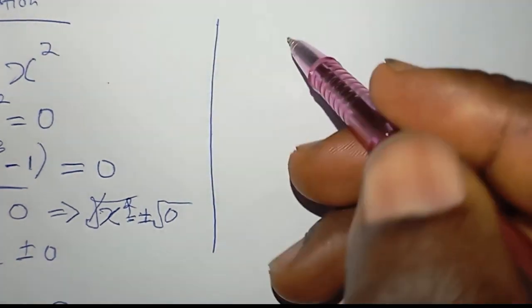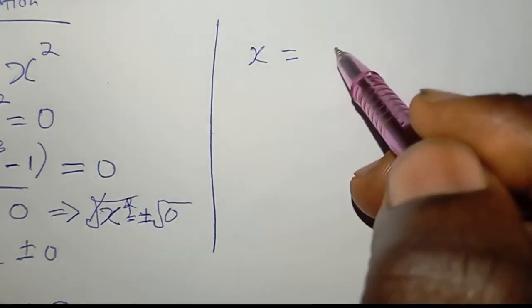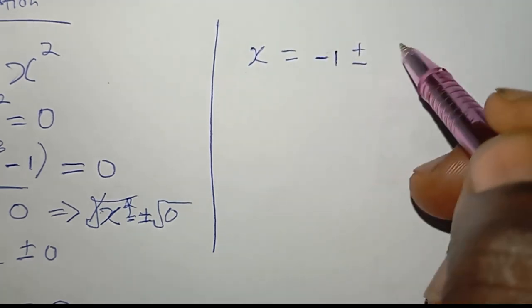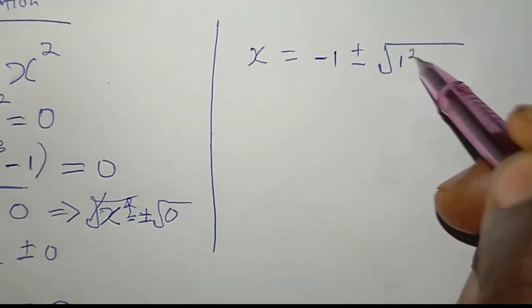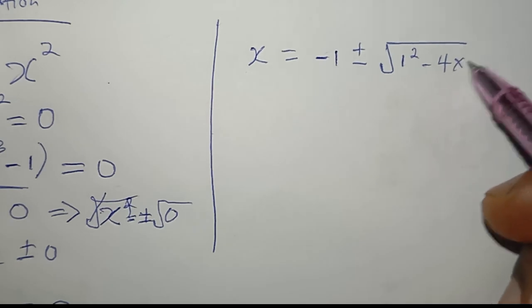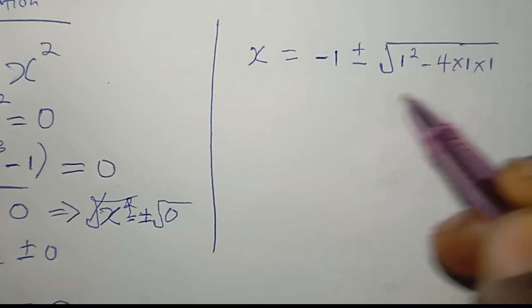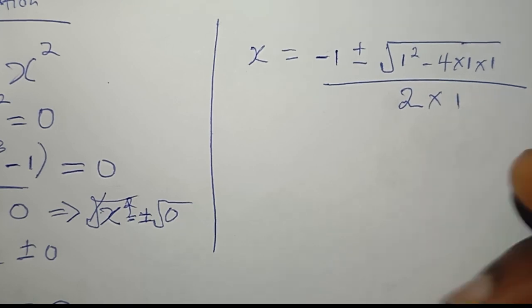Okay, so this is what we have, and then we can just go ahead to make some substitution right here. So our x is now going to be given as minus b, our b is 1, and then plus or minus the square root of b squared, which is 1 squared, minus 4 times a, which is 1, and then times c, which is also 1, all divided by 2 times a.